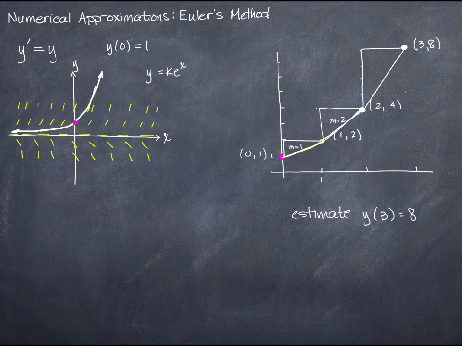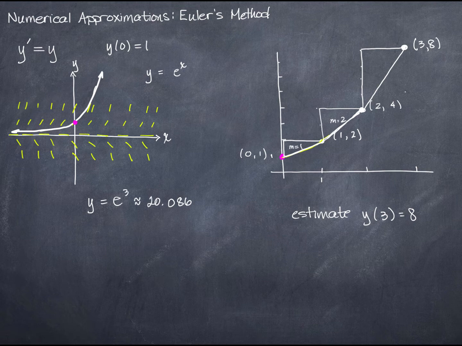So the particular solution to this differential equation with this set of initial conditions is y equals e to the x. Well, y equals e to the 3 is approximately 20, not 8. So we're way off here.